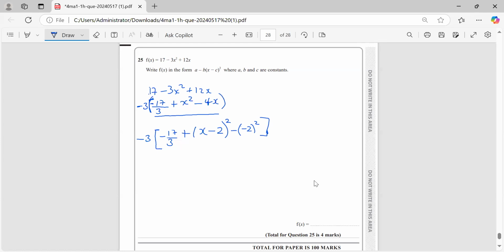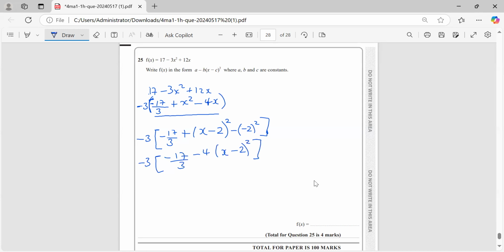So you're going to end up with 4, but it's actually minus 4, because it's negative 2 times negative 2, which is positive 4, but because of this negative, it becomes minus 4. So you now have minus 3, negative 17 over 3, and you subtract 4, and then you have x minus 2 squared.